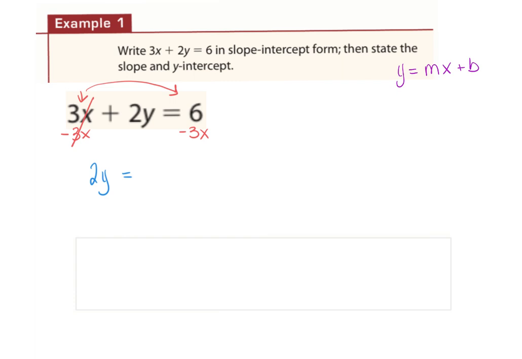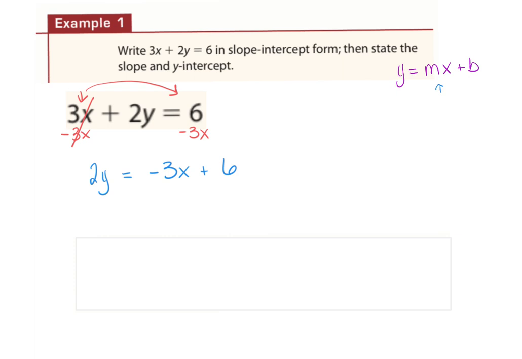No, they are not like terms, so I can't combine that 6 and that 3x because the 3 has an x. When you write it, you want to always write the x part of it first, okay? So I'm going to start with that negative 3x, and this is a positive 6, so I'm going to write plus 6. All right, for slope-intercept form, you'll notice the x is listed first.